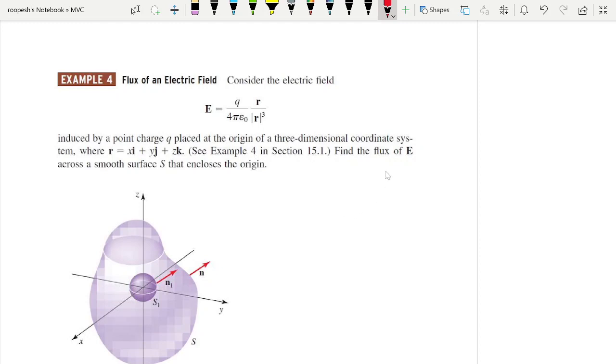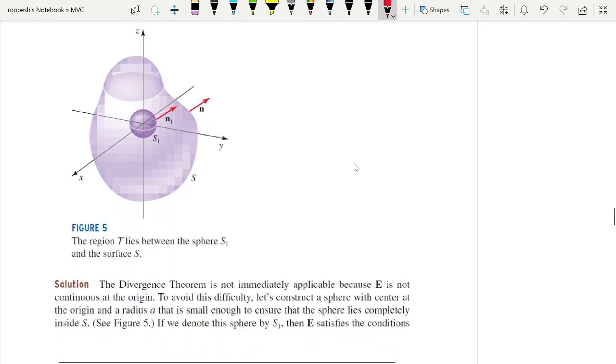We are asked to find the flux of E across a smooth surface S that encloses the origin. So we want to find the flux of E across a smooth surface S that encloses the origin.